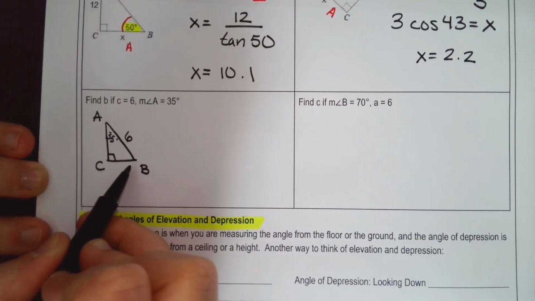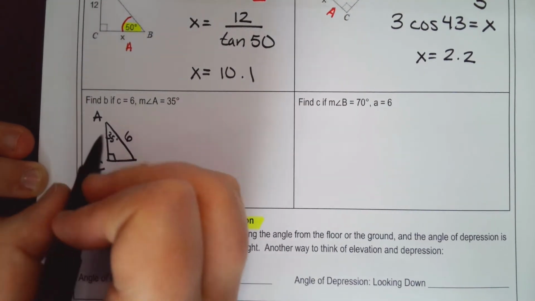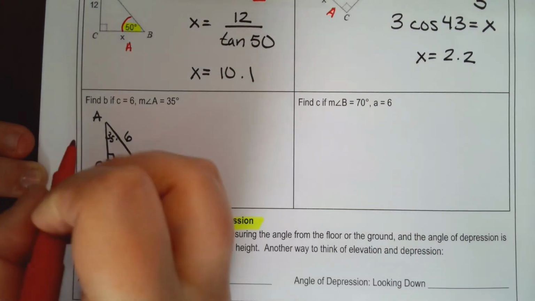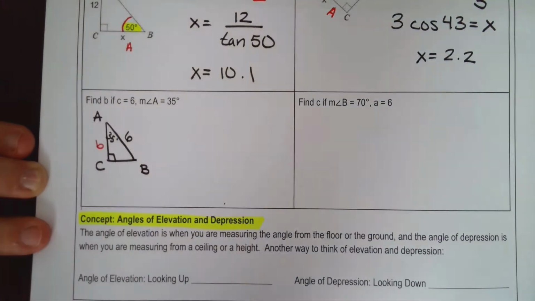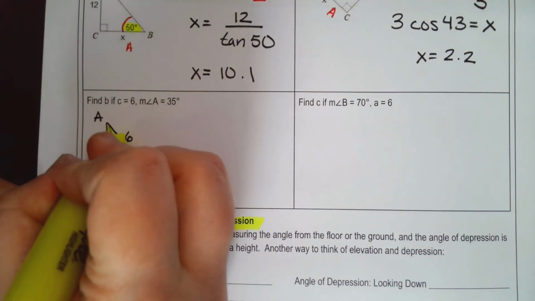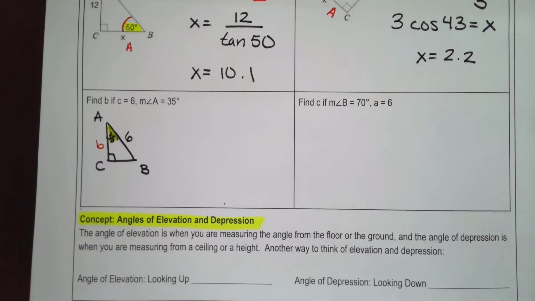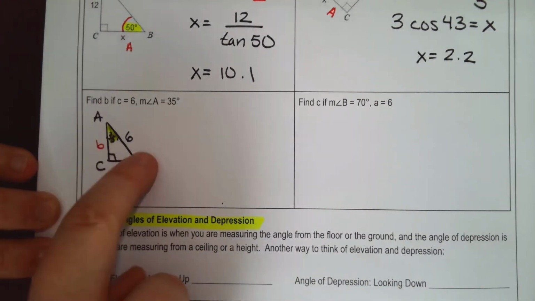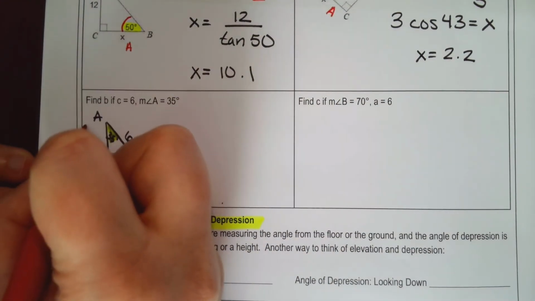Little b is always the side opposite angle B, so I'm going to put that in red, what we need to find.